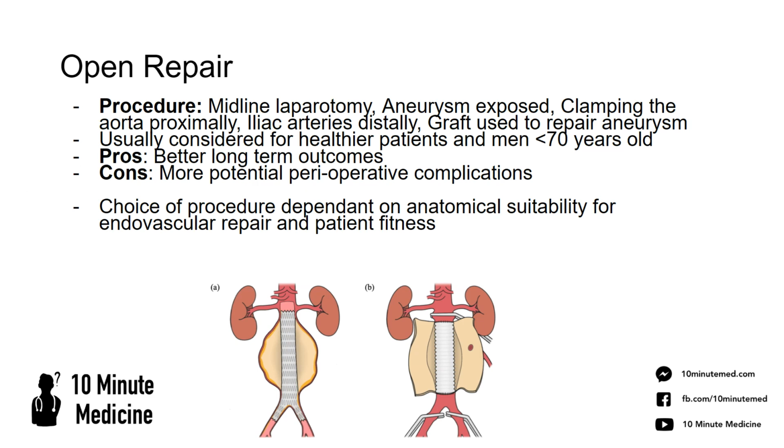The advantages of an open repair are that they have better longer-term outcomes. However, they are associated with more potential perioperative complications, as it is a larger and more invasive surgery compared to EVAR. Ultimately, the choice of the procedure depends on the anatomical suitability for EVAR and the patient's fitness, which will be determined by the surgeon operating.